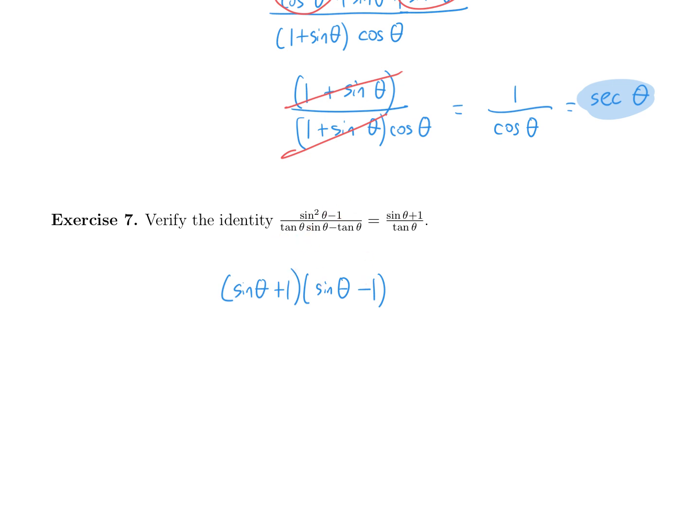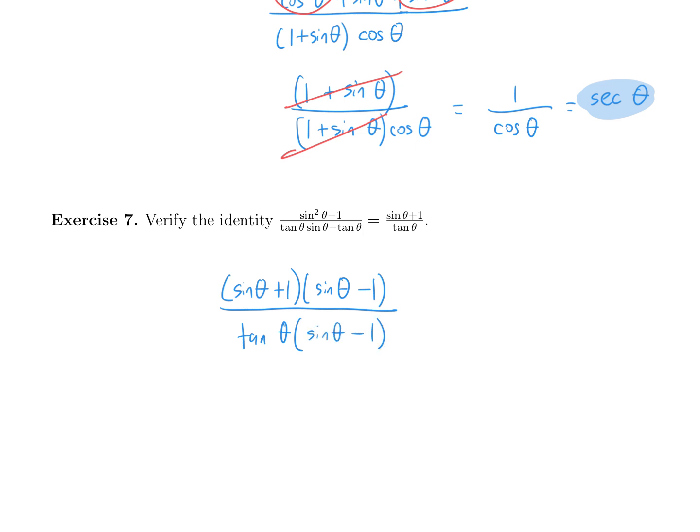Now let's look at the denominator. Notice there's a common factor, tangent theta, tangent theta. Therefore, we can factor out the common factor. So if we factor out the common factor, we will be left with tan theta, parentheses, sine theta minus 1.